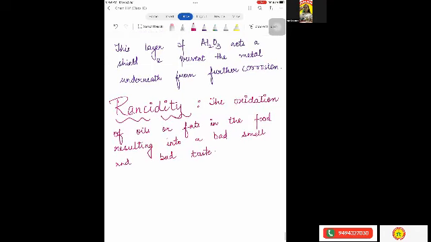Another definition of rancidity: it is the aerial oxidation of oils and fats present in the food.